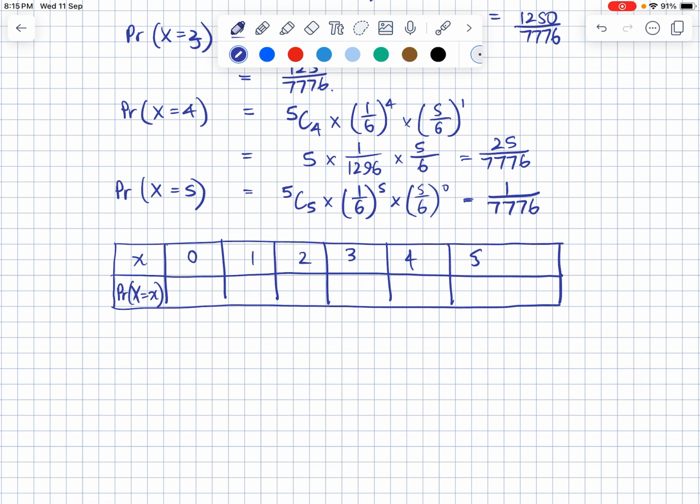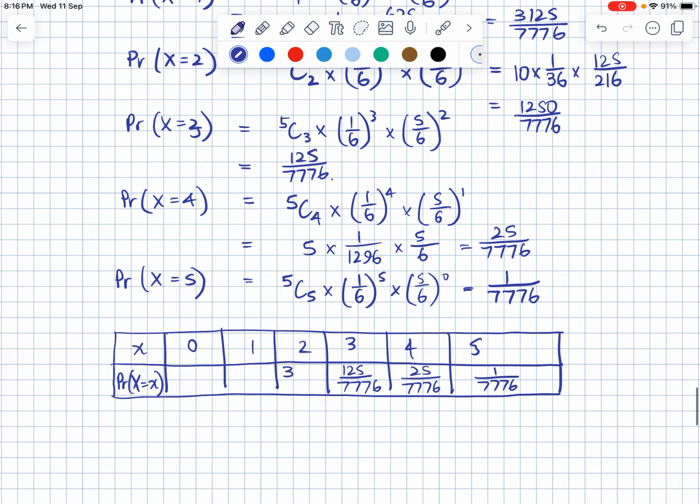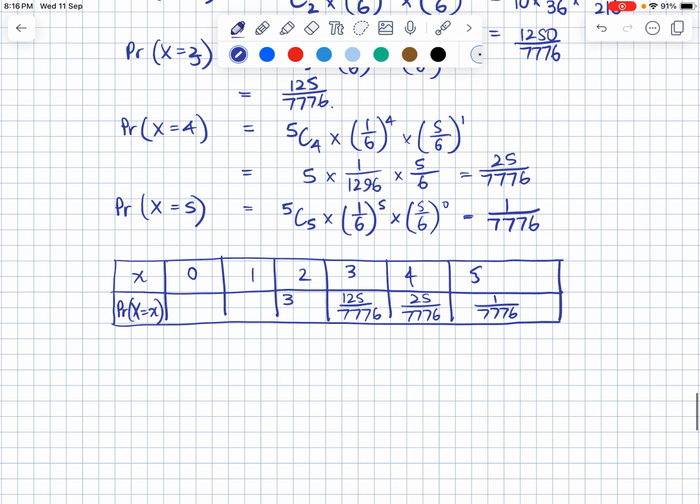And all of my numbers here, we had 1 over 7,776. We had 25 over 7,776. 125 over 7,776. 3,000, can't remember, 3,125 over 7,776.